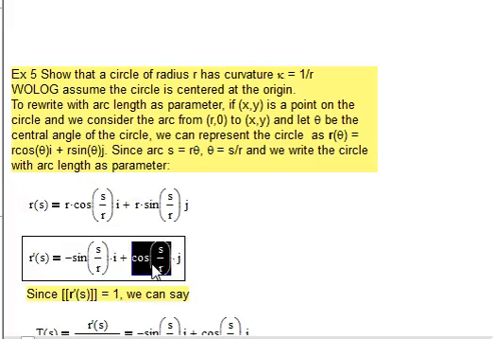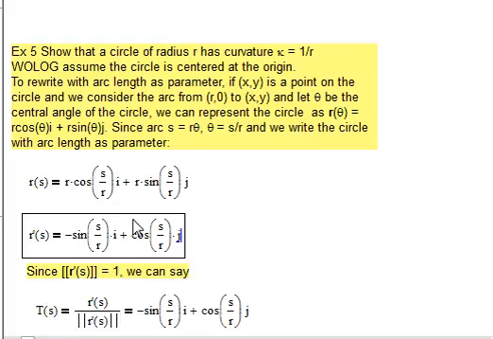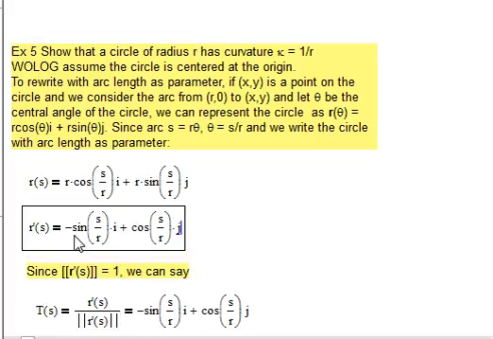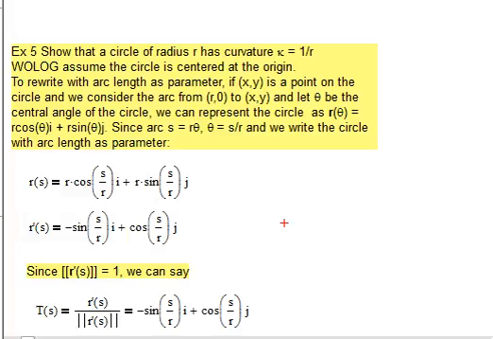Similarly, we get cosine of s over r times j. And note, by the way, it'd be a real quick and easy study to see that the length of r prime of s is 1 because it's sine squared plus cosine squared.